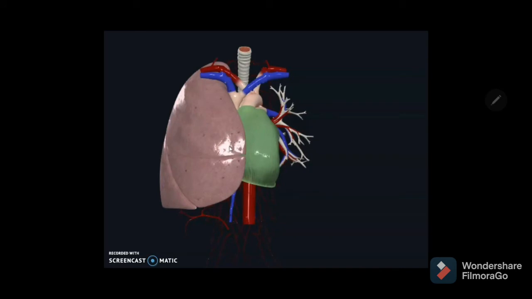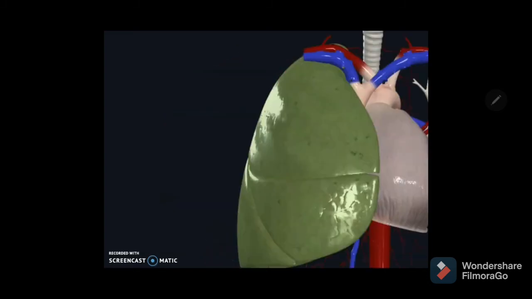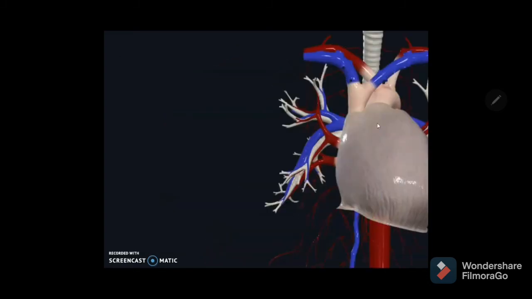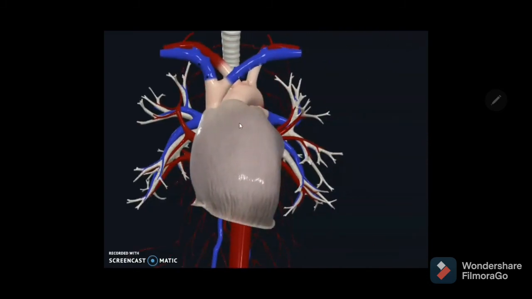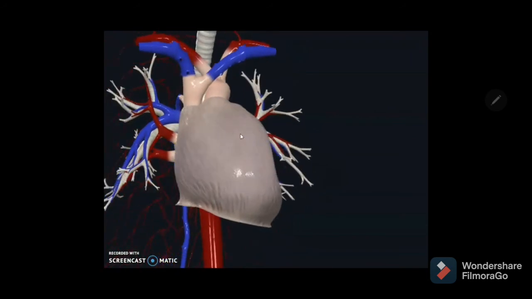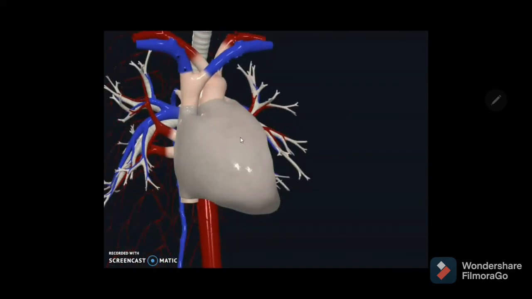and once you take out the fibrous part, you are seeing the serous pericardium now. This is the serous pericardium that you are noticing now. So this is the serous sac, and the fibrous sac is isolated and hidden.